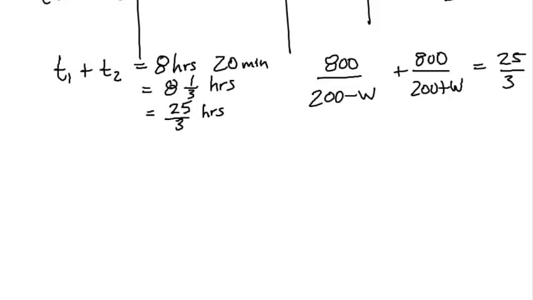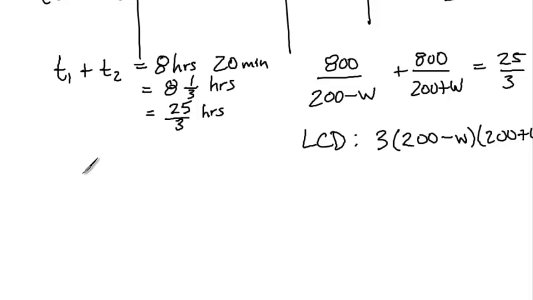The lowest common denominator here is going to be what? Let's see. We need the 3. Well, they're all completely different, right? So we need to multiply them all together. So 200 minus W, 200 plus W. Alright, so we're going to have to multiply that by everything.